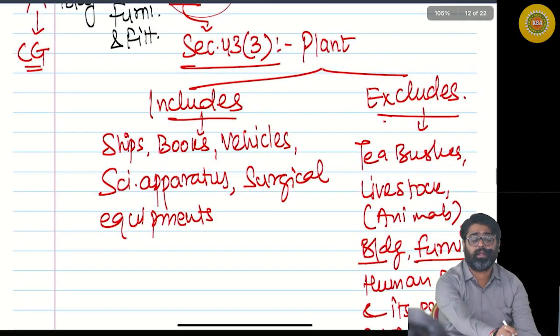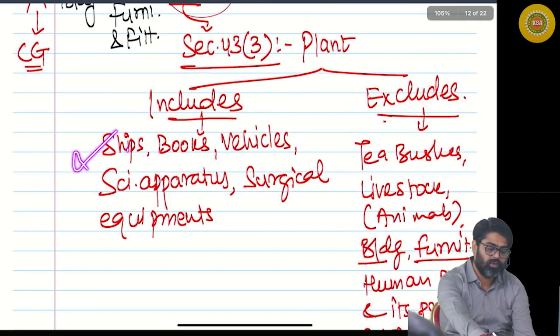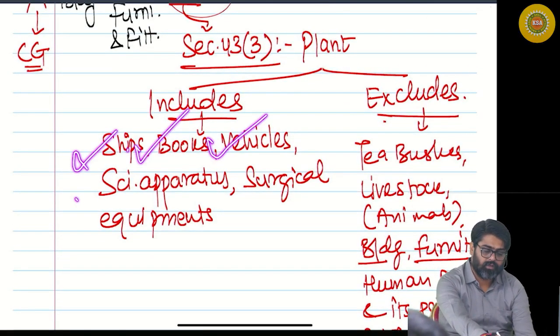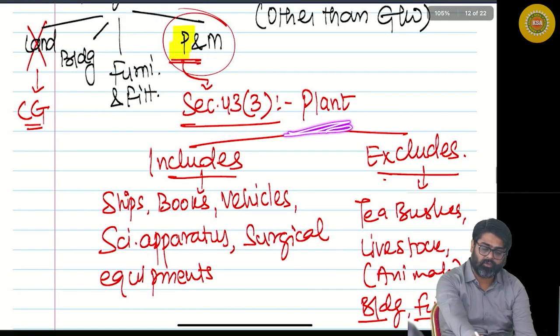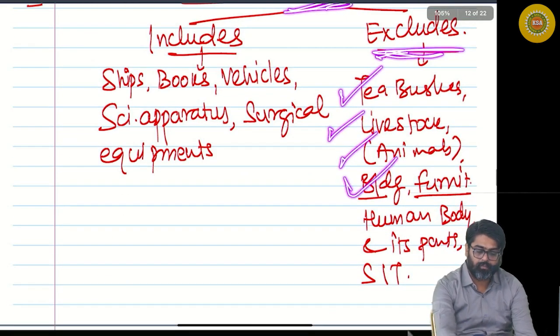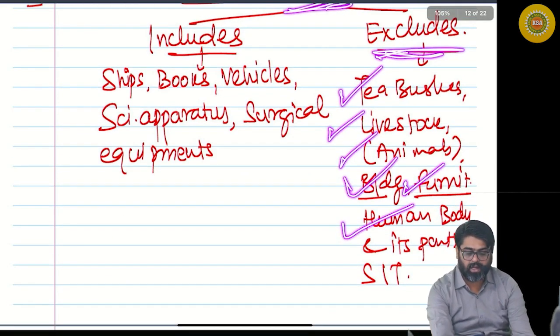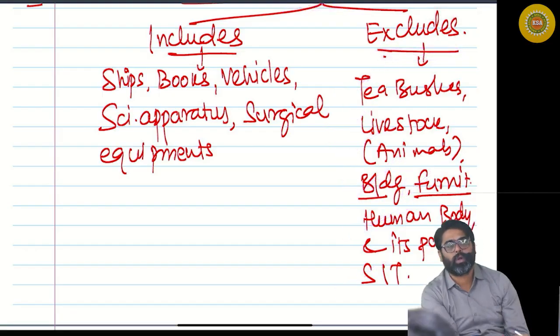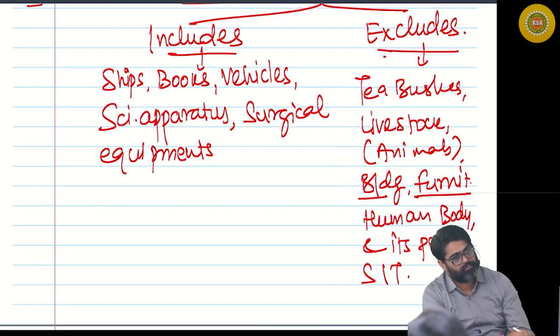Specifically, the term plant includes ships, books, vehicles, scientific apparatus, surgical equipment. But the term plant does not include, it excludes tea bushes, animals, livestock, building, furniture, human body and its parts, and stock in trade of the business.